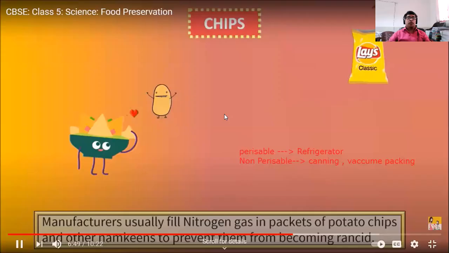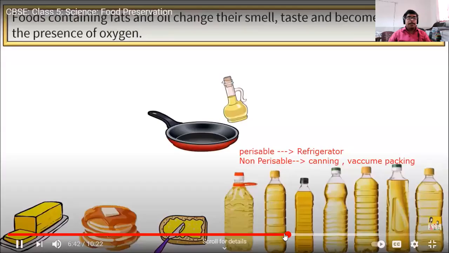The food which contains fats and oil changes its smell, taste, and becomes rancid in the presence of oxygen.